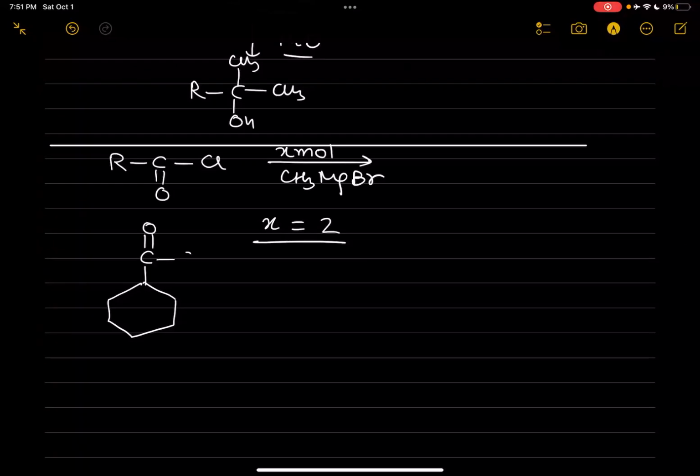Okay, this is Cl. This happens with ester also. So tell me, 1 mole of this compound will add how many moles of Grignard?